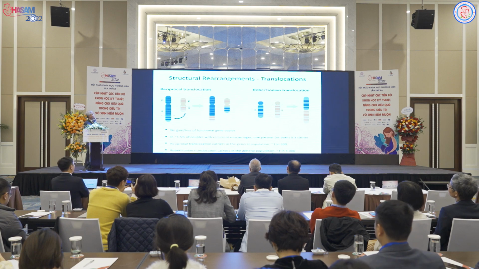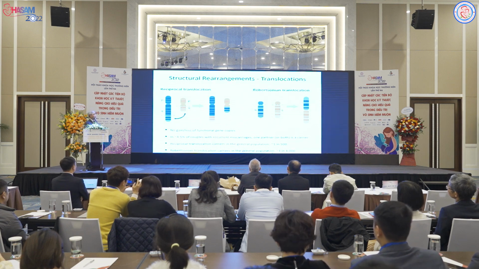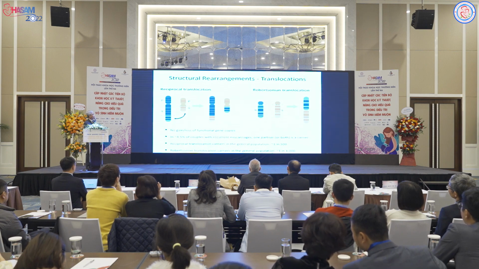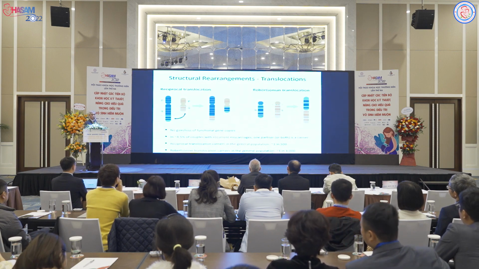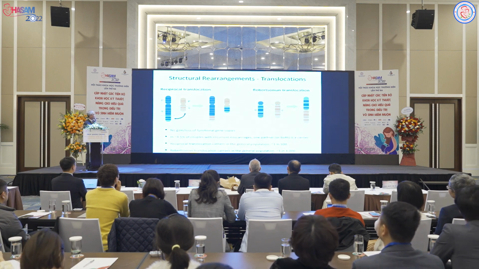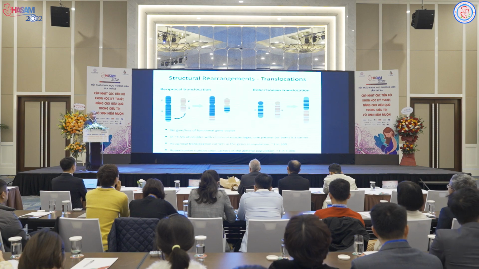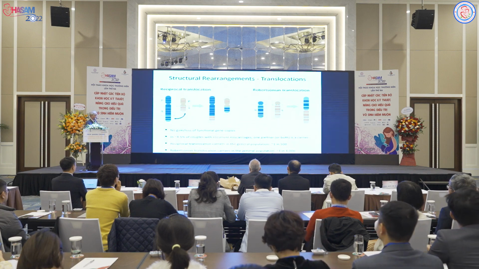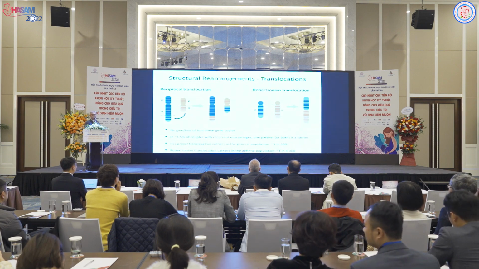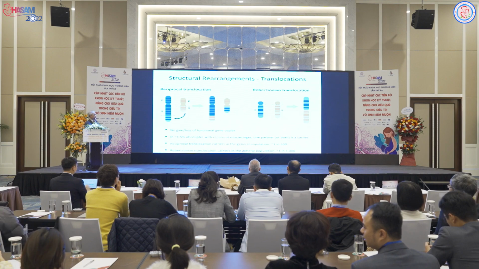Okay, so now we're focusing only on structural rearrangements in this talk. And the main type of structural rearrangement are the translocations. And there are two types, reciprocal and Robertsonian. The reciprocal involve exchange of chromosomal material between metacentric and submetacentric chromosomes, whereas the Robertsonian translocations involve the combining of 2 acrocentric chromosomes into 1.